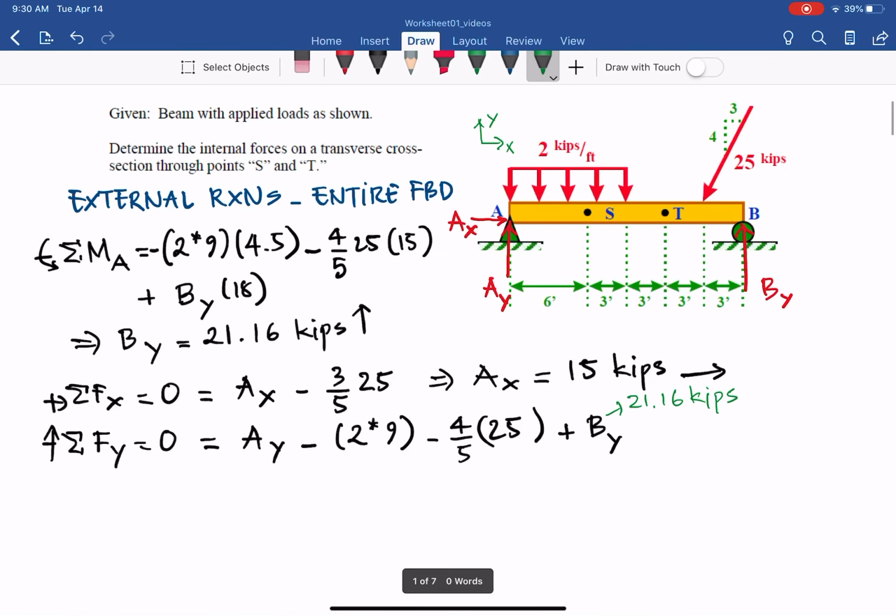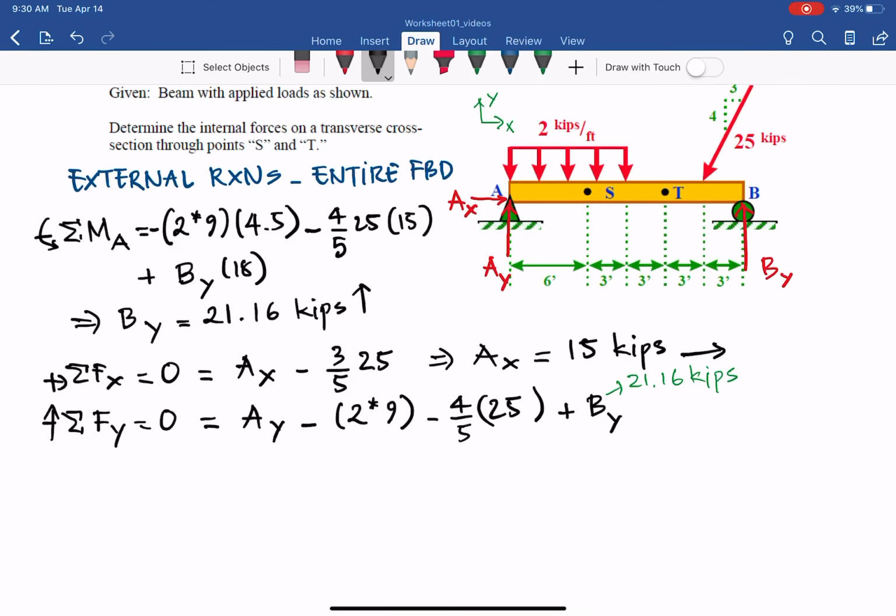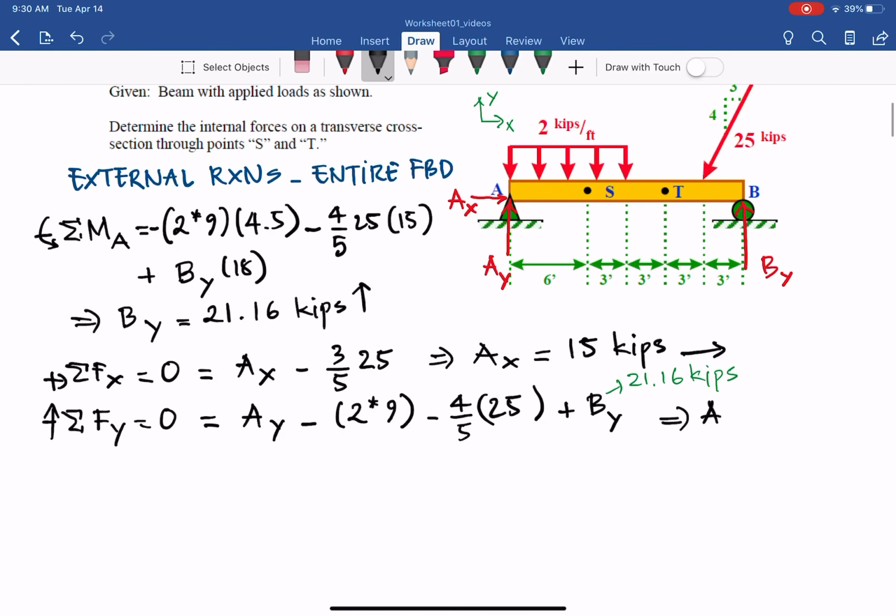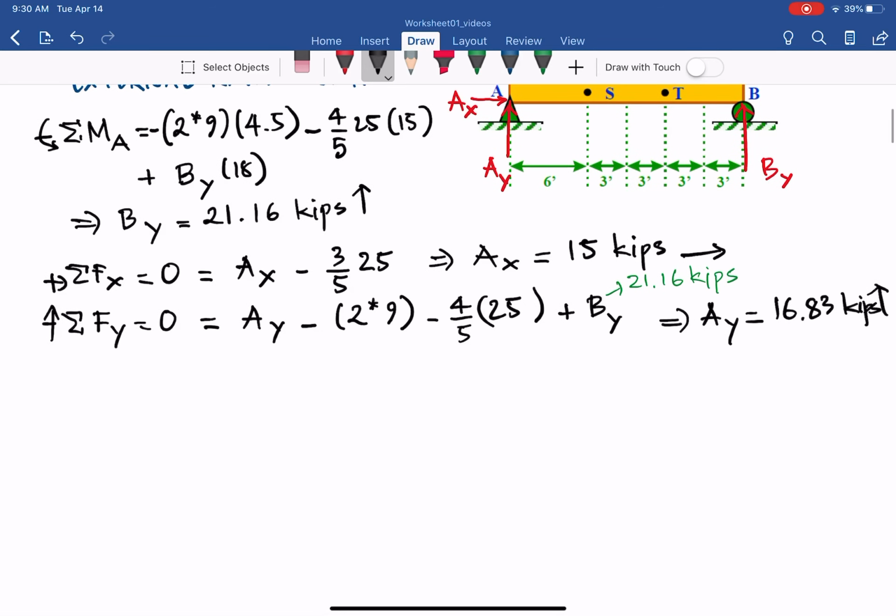So plugging in, we will find AY is a positive number, 16.83 kips. So just a review, nothing new for this problem, just a warm up.